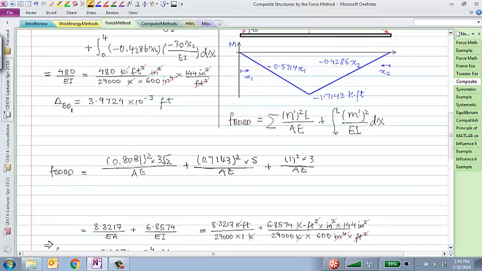Then after that we'll have the beam part, which gives us from 0 to 3. We have the bending moment diagram drawn here for the real and virtual system. So it will give us 704 x1.